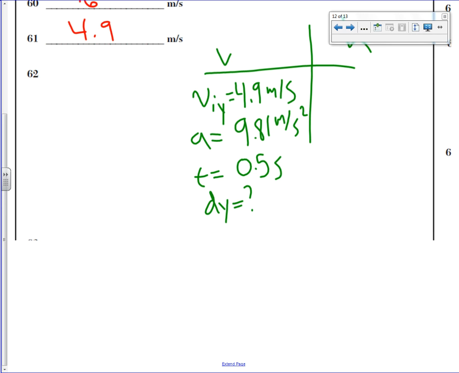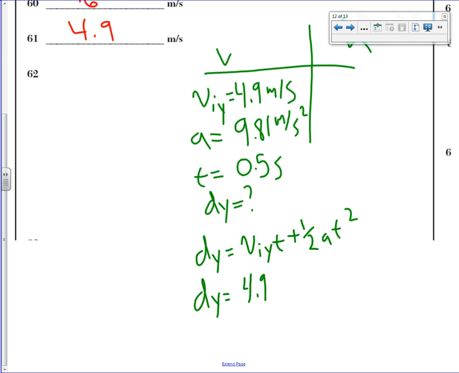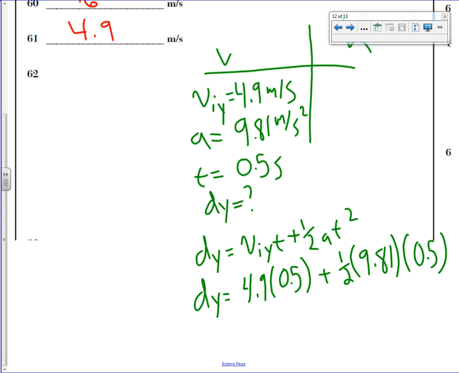We are looking for our displacement in the y direction. If I look at my reference tables, I can use the equation dy equals viY t plus 1/2 a t squared. If I sub in, I get 4.9 meters per second times 0.5 seconds, plus 1/2, the magnitude of our acceleration, times our time squared.